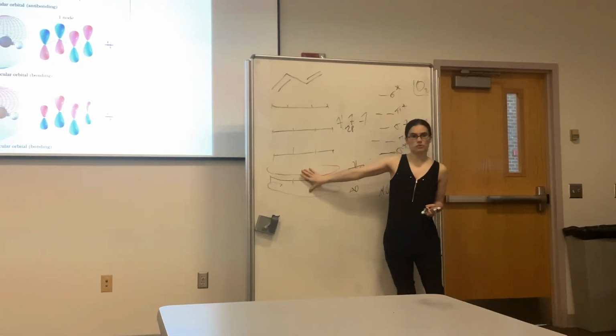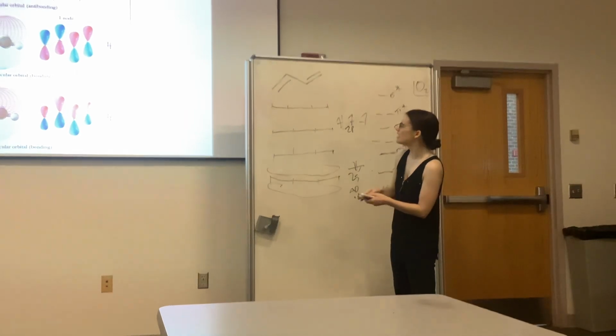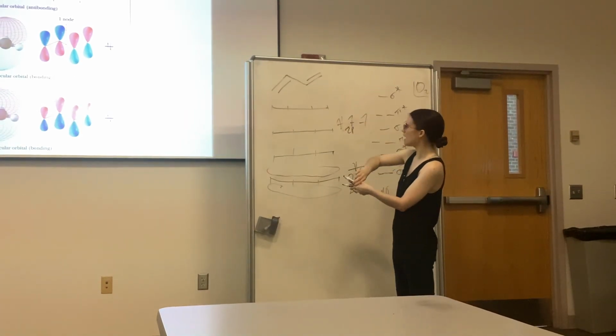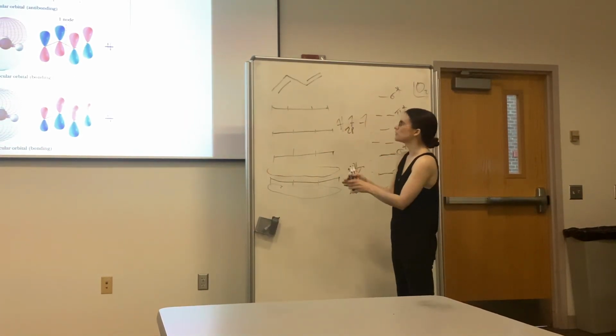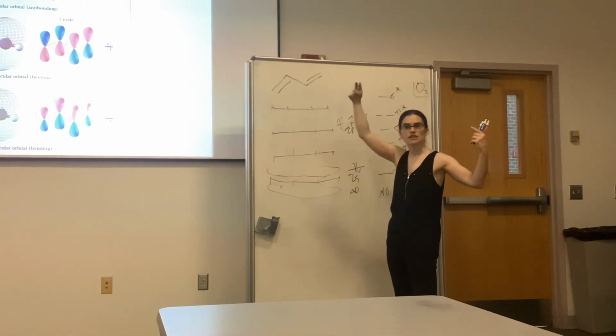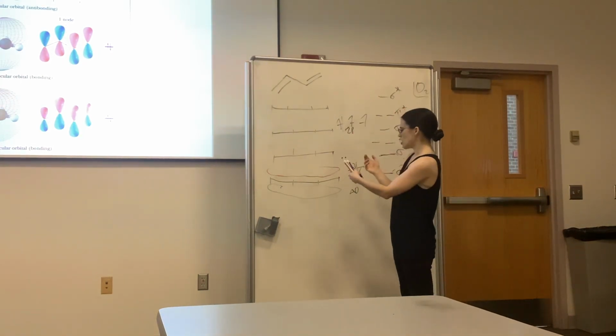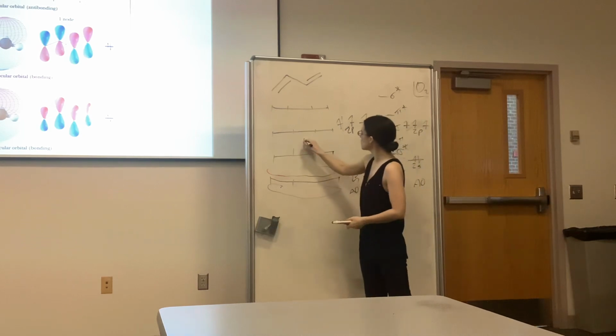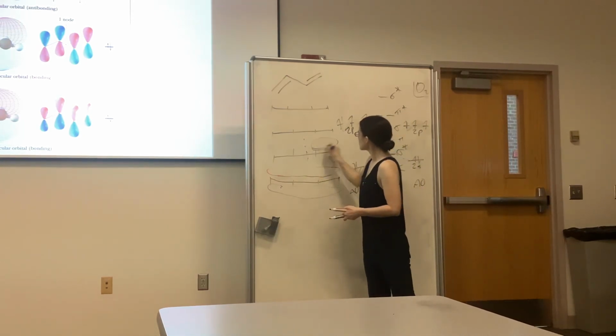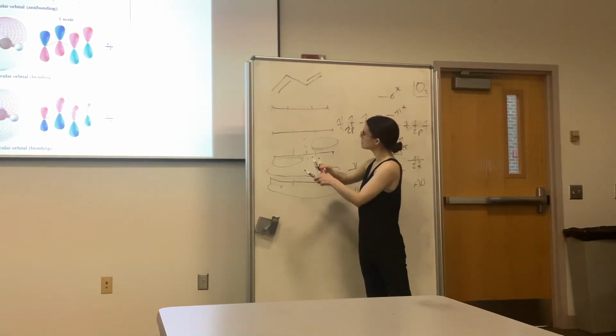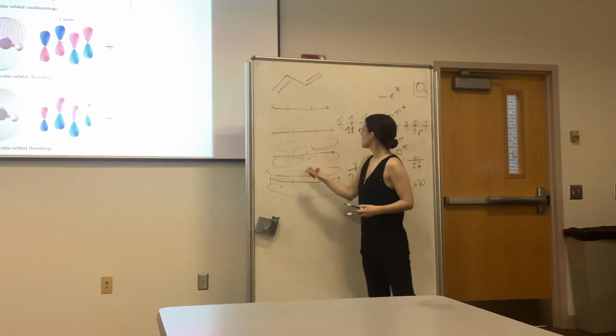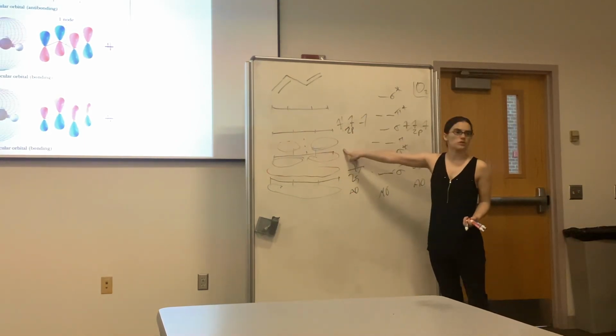This guy is a bonding orbital, a pi orbital. This next one, where we have only 1 node, the more nodes we have, the higher energy that bonding orbital is. So the next one with only 1 node looks like this, right? And that is also a bonding orbital.